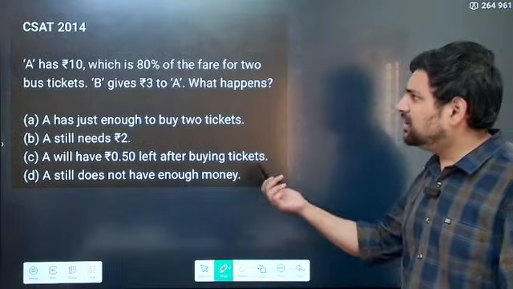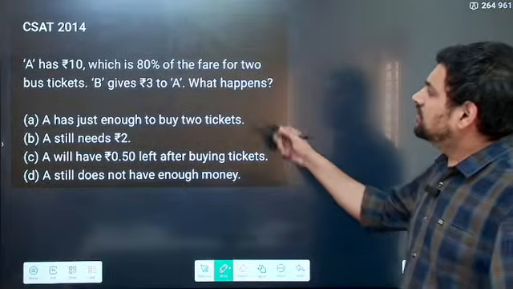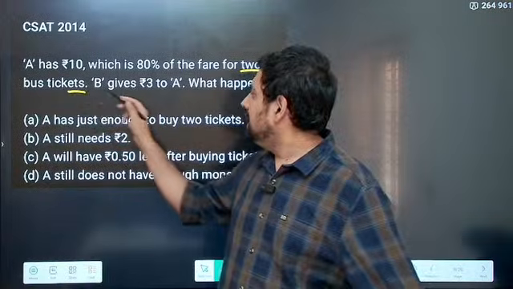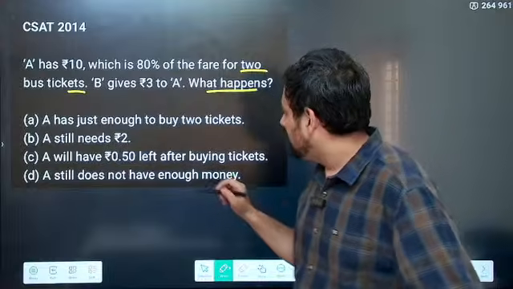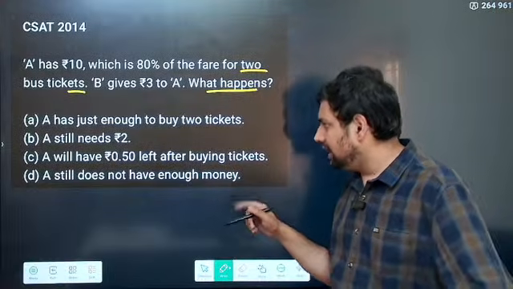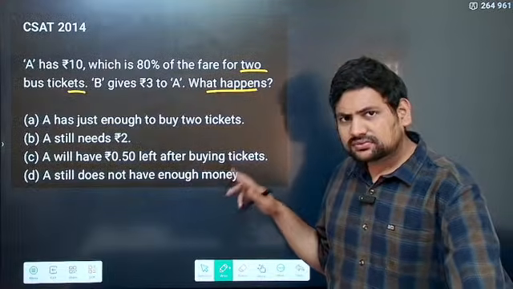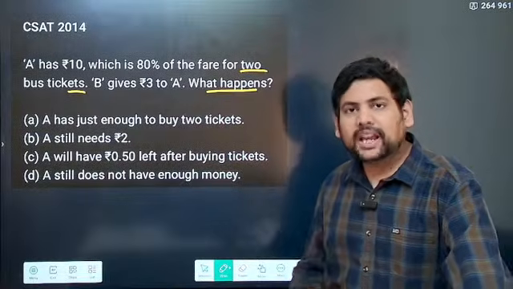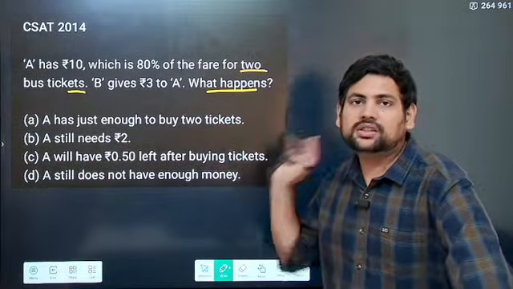Okay, so A has 10 rupees, which is 80% of the fare for 2 bus tickets. B gives this much. What happens? Then, if you look at the question, it is not talking about ever buying one ticket. So it is all about buying 2 tickets only.